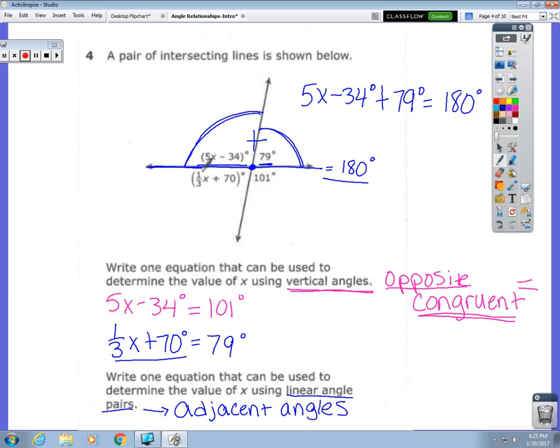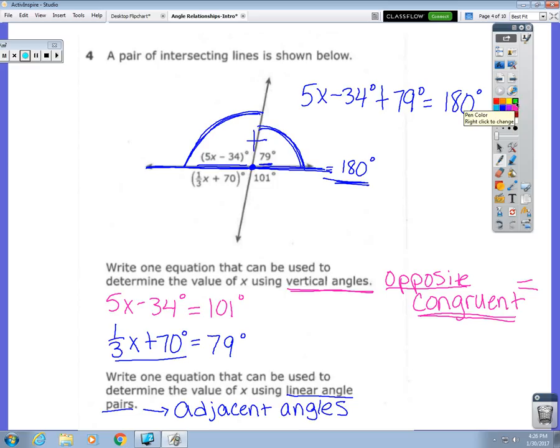This straight line is where this 180 degrees is coming from. So if we do this plus this, it equals this straight line. So here's one equation.